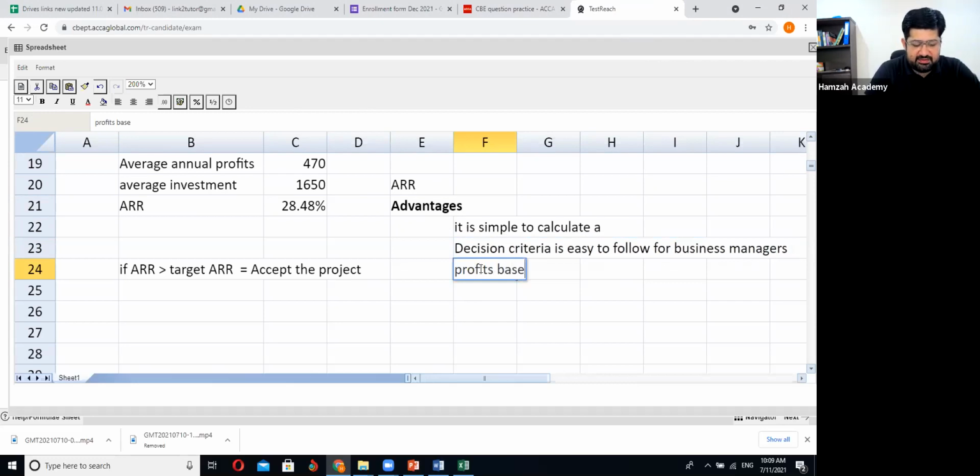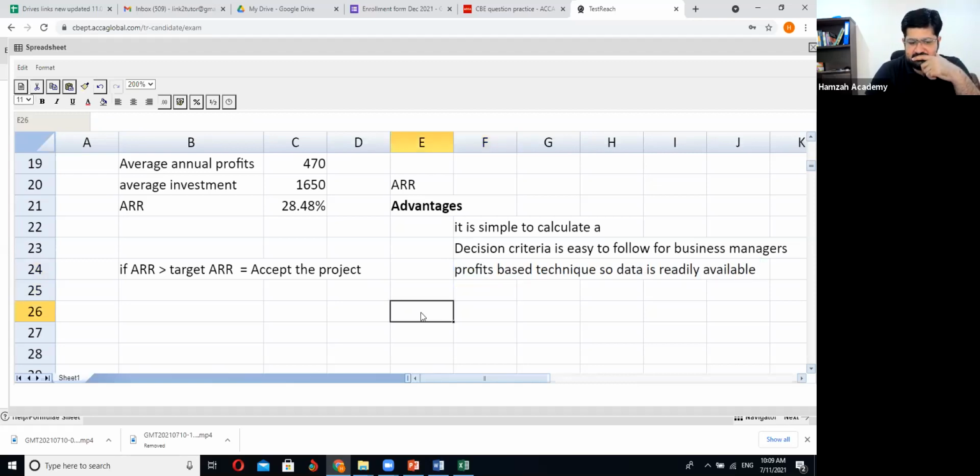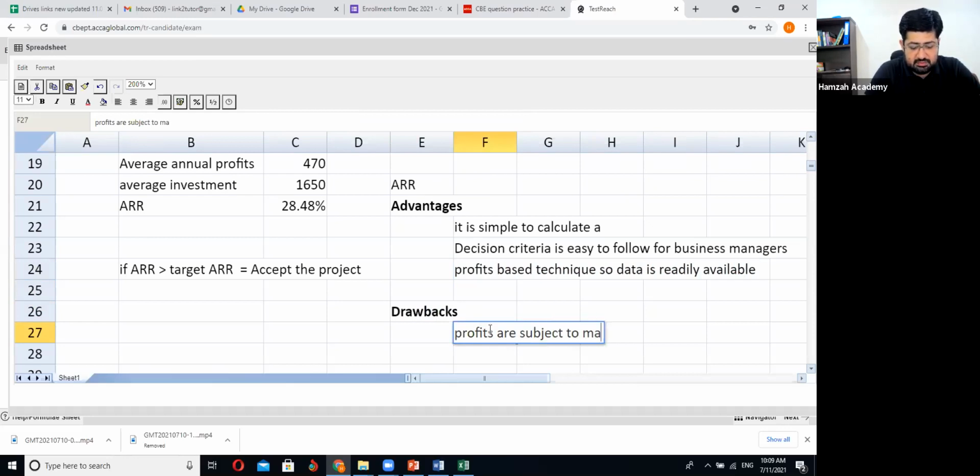It is a profit-based technique, so data is readily available. What are the drawbacks? Profits are subject to manipulation by management.